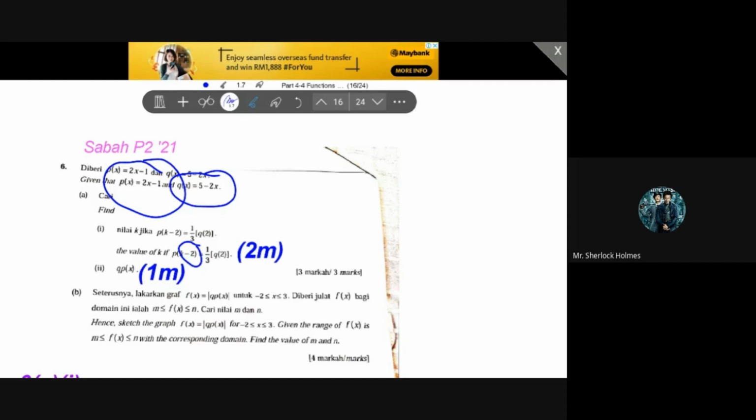I want to see your basics in this chapter first. You learn a few terms in this chapter. What is this k minus 2 over here, when you see anything in the bracket like that? Anyone can tell? They write like this, p(k minus 2). What is this k? Represent x bagi p.